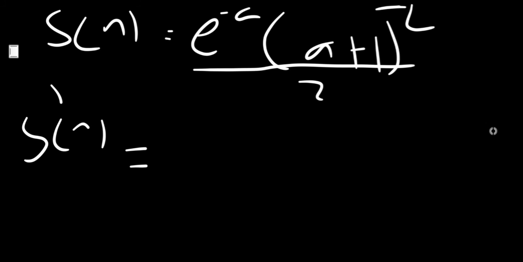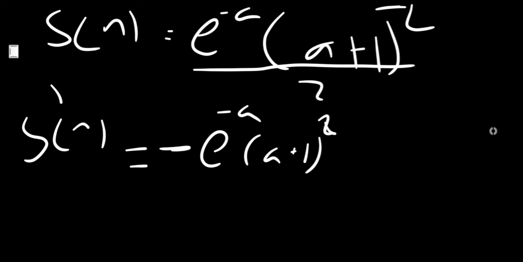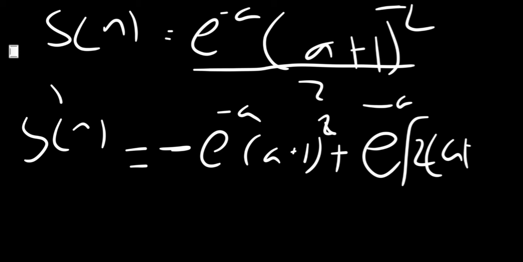So the first derivative: minus e to the minus a, repeat the second one, (a plus 1) squared, plus repeat the first one, times the derivative of the second, which is 2 times (a plus 1). If you don't know what I'm doing, look up the derivative of a product when you're studying calculus. All divided by 2.